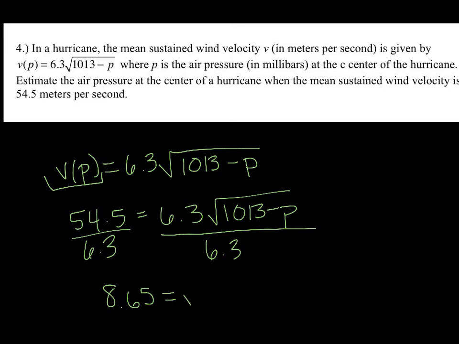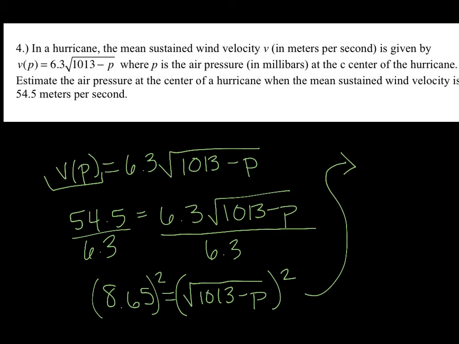And then the square root of 1013 minus P. So now that the radical is by itself, and again, if you don't see an index, you have to know and assume that it is a square root. So the power we want to raise this to is going to be 2.